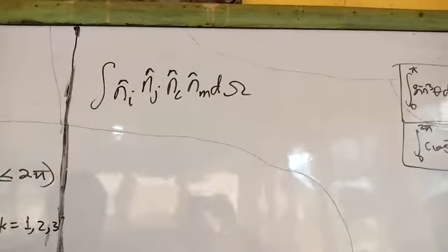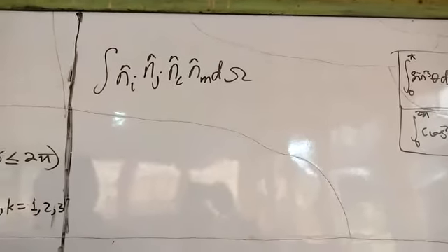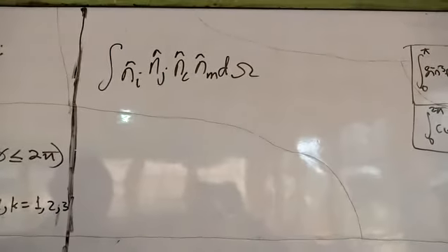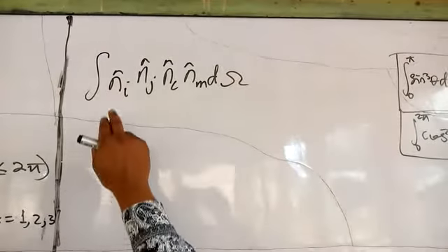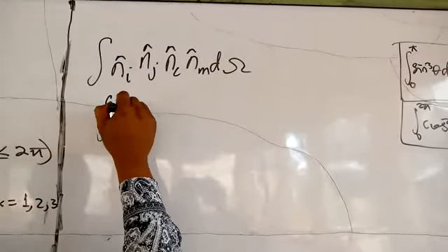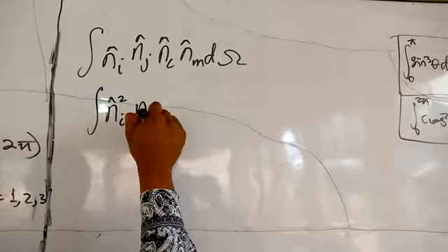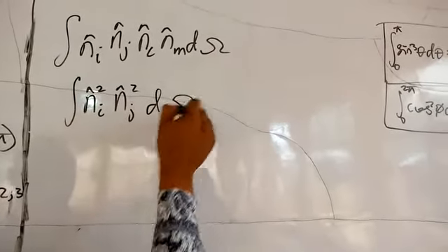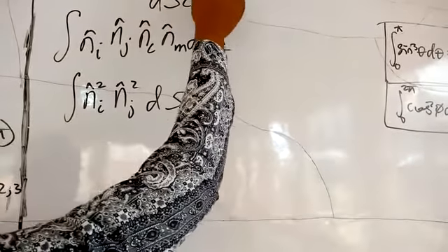What I will have to do is to choose a situation whereby any 2 of those are equal. For instance, I could choose these to be equal, or these 2 to be equal, so that in the end, what I may calculate may be n_i squared, n_j squared, d omega. And this really will be how I'm going to solve this.